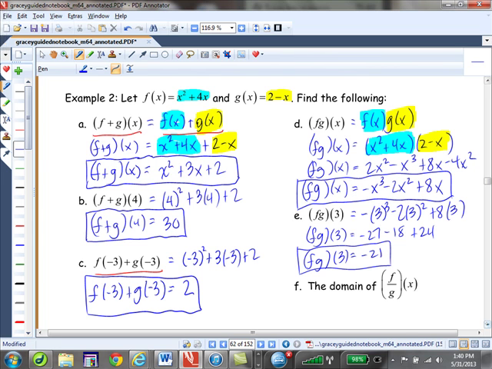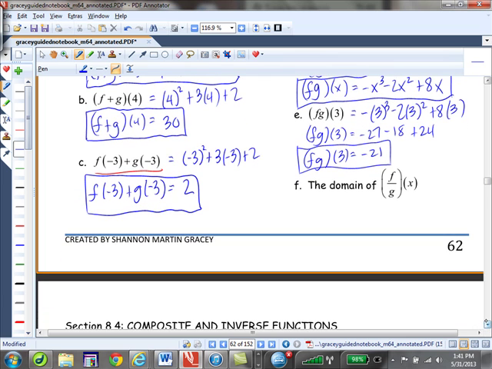Okay, so now, what is the domain of f over g at x going to be? So here, you see this will be f at x over g at x.